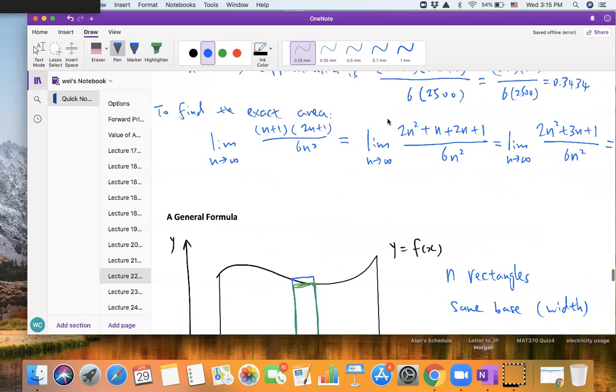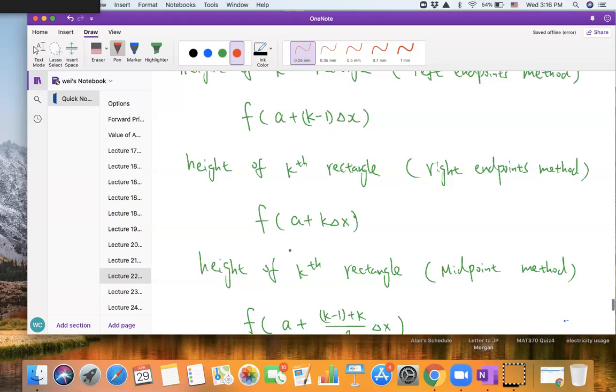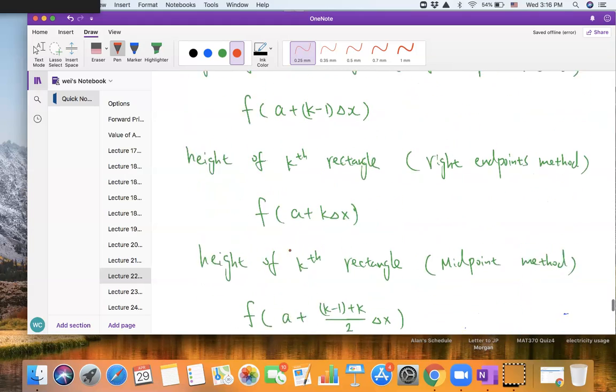So if I use the middle point to construct the rectangle, it's going to be like this. All right.